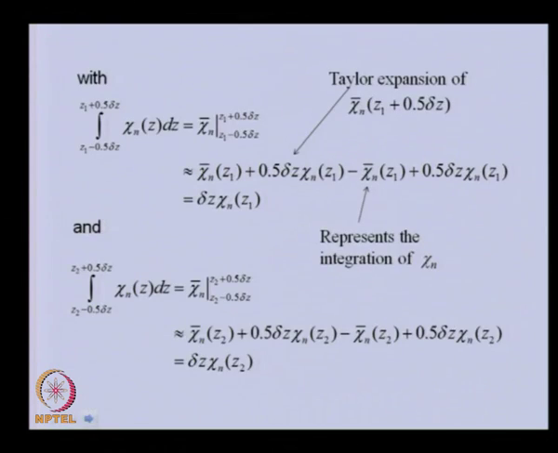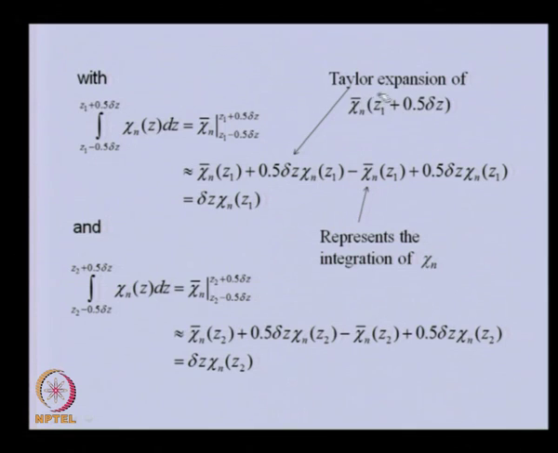So, the first integral is like this. Let us say xi n bar is the integration of this function, and if we keep the limits of this, we will get this for the first limit, and for the second limit another term will be there.